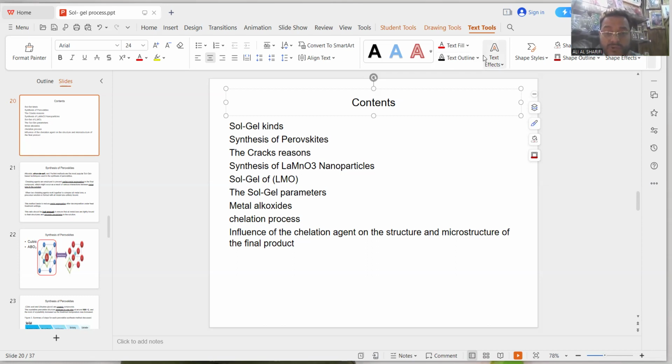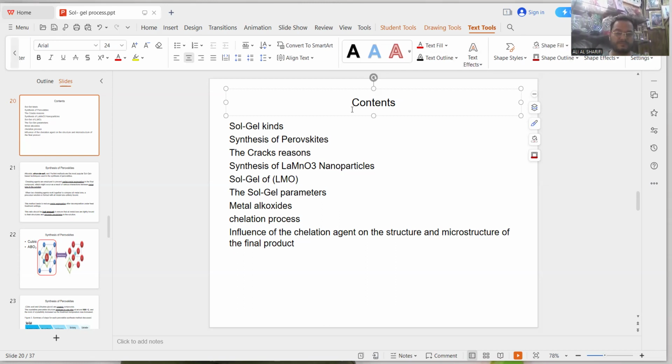Then sol-gel to lanthanum manganite oxide, the parameters that act on the sol-gel, metal alkoxide, the gelating process, and last, the influence of the chelation agent on the structure and microstructure, and some comparison with my study.